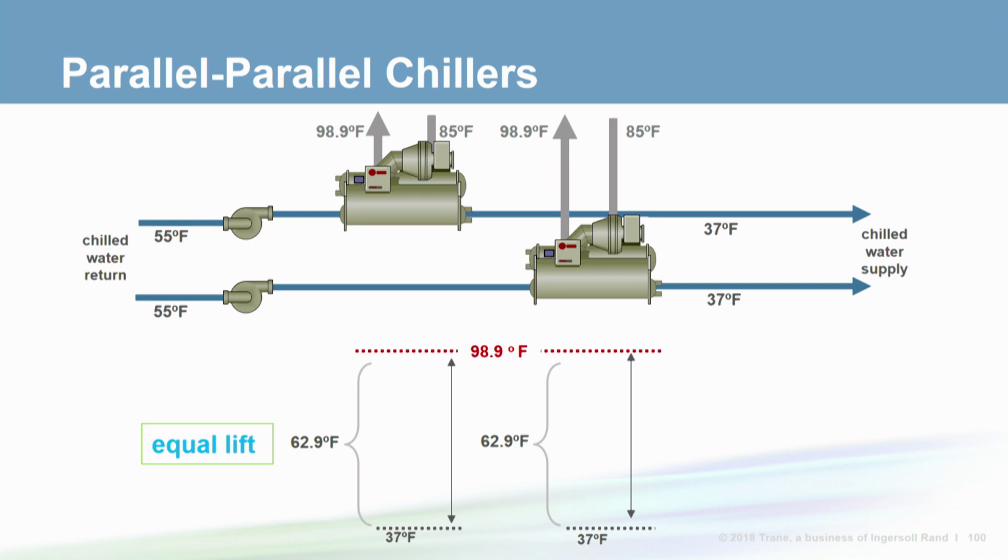The condenser side was designed to provide 85-degree water from the cooling tower and return that water at 98.9 degrees. Recall that the lift is proportional to the leaving condenser temperature minus the leaving evaporator temperature. So for this design, the amount of lift on each chiller is 62.9 degrees.